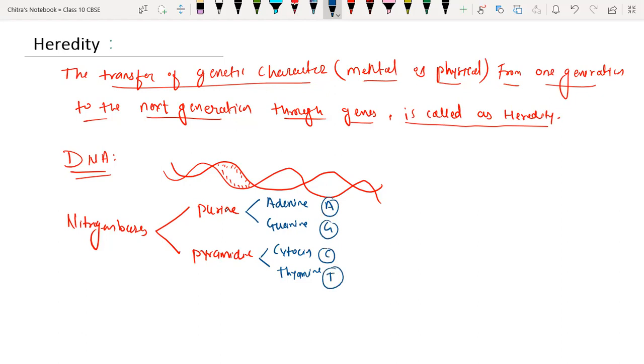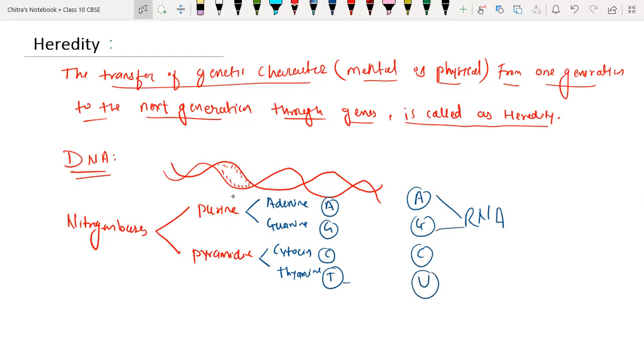In case of RNA, the ribose nucleic acid, there are also four types of nitrogen bases: adenine, guanine, cytosine, and instead of thymine, it has uracil.